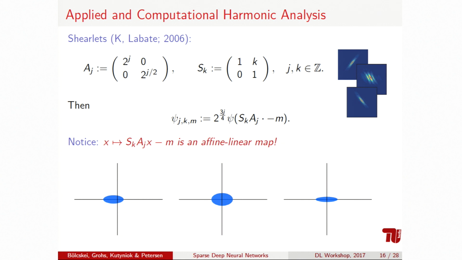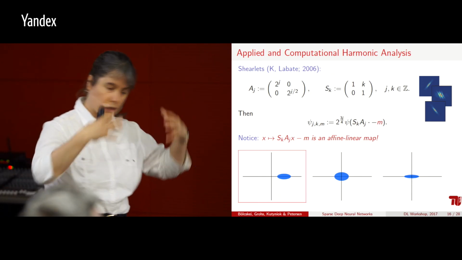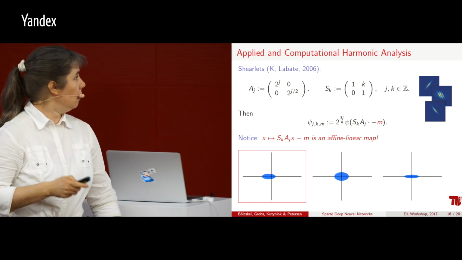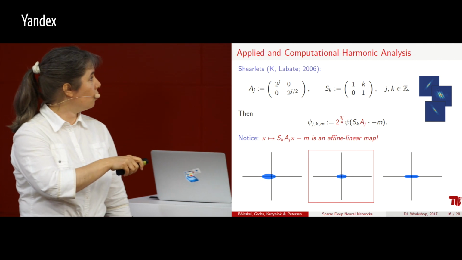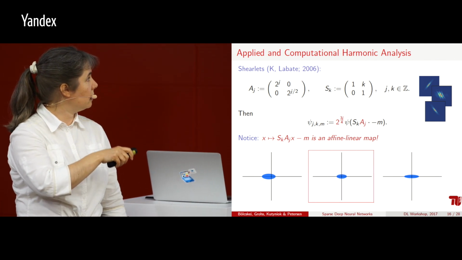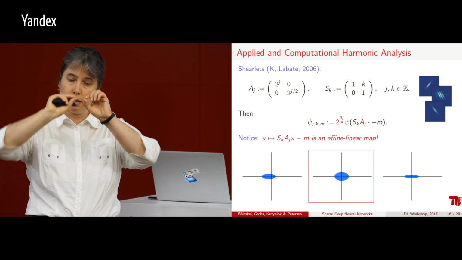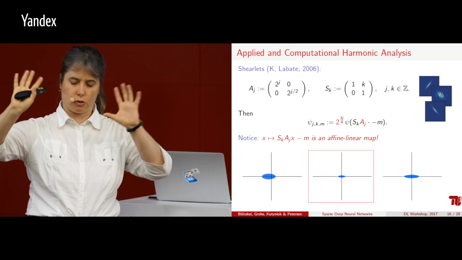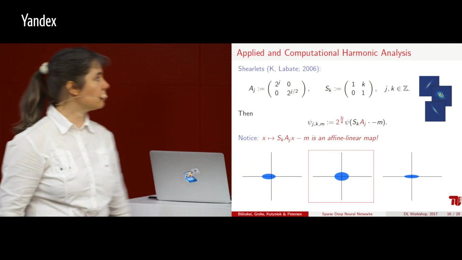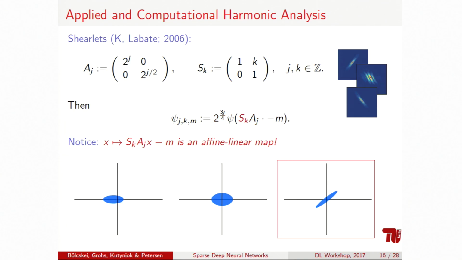You see there are several components. First of all, you have a translation, so you move things, let's say your shearlet element on the plane. You have a component which changes the scale. It's a multi-scale system, and it changes this in an anisotropic way, because in the end, you would like to typically approximate some curvilinear structures, and you also have a means to change the orientation. This is this shearing matrix.